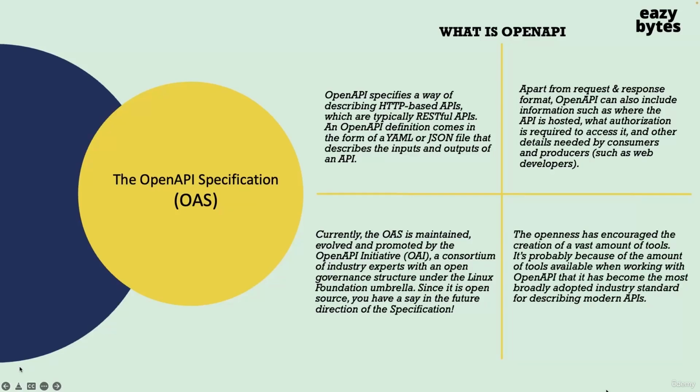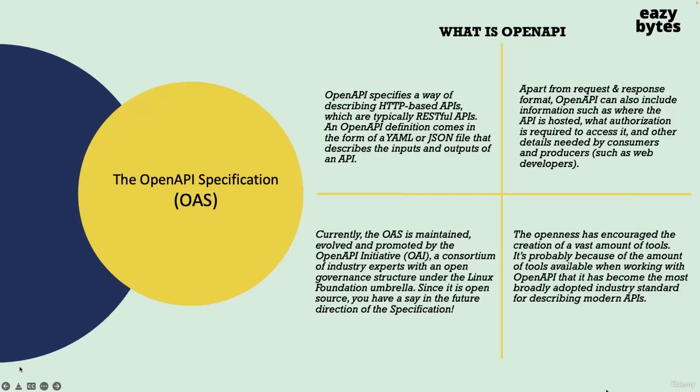And the last point that I want to highlight here is, since this OpenAPI specification is being controlled by the open source community, and since there is a lot of openness, this encourages a vast amount of developers to create tools around it. Because if there is a standard which is not going to change from organization to organization, and if there is a thumb rule that everyone is going to use the same standard, then definitely some developer or some community or some organization can think of tools that can automate the process around API communication or API development.